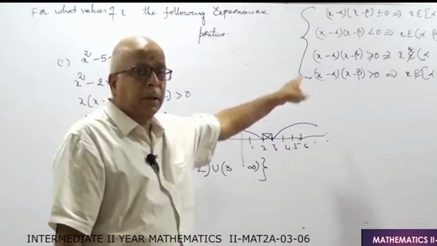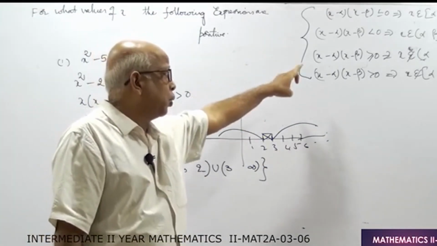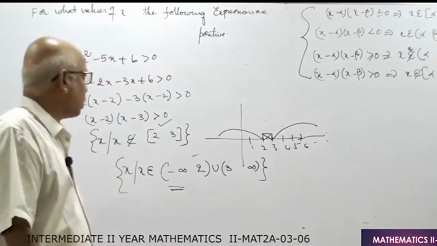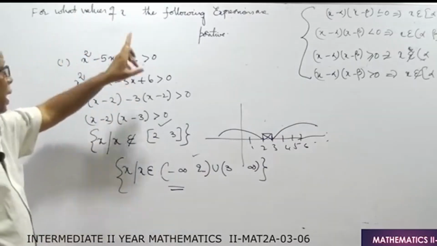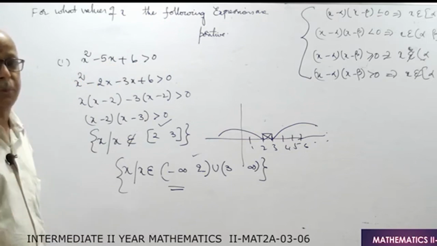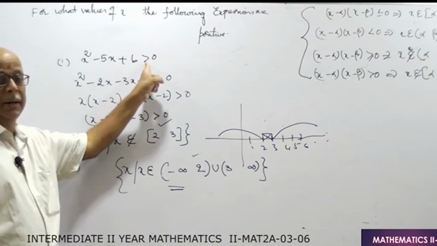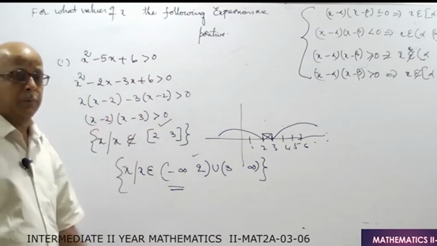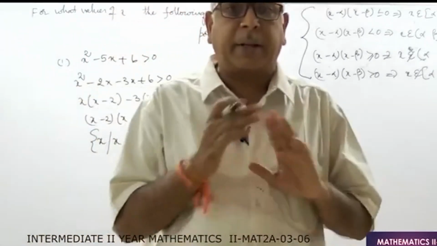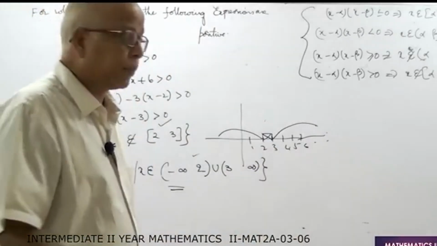If you remember these four different conditions, we can solve any quadratic inequality. In our present problem, under what conditions are the following inequalities positive, he specified. Positivity means greater than 0. That's why I have put greater than. Sometimes he may ask under what conditions the following inequalities are negative. If it is negative, less than 0, we can do it similarly. Okay, sir. Next.